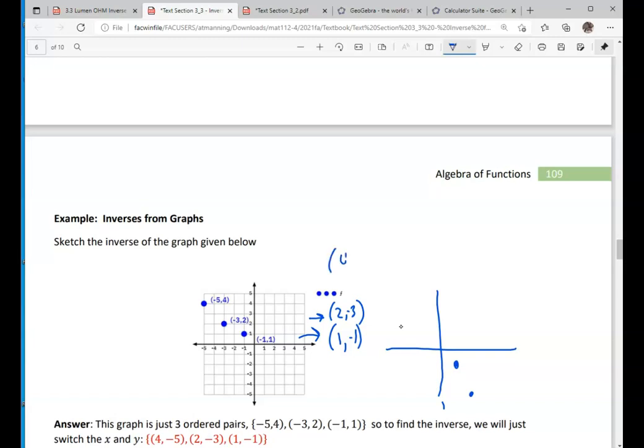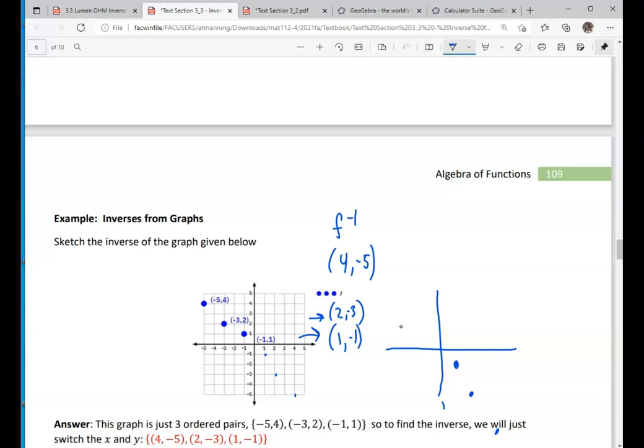Well, 4 takes us to -5 in the inverse. So I have x, that was a 1, 2, and a 4 is about here. It takes us way down to -5. I haven't done the greatest graphing, but do you see that on this graph, the 1 takes us to -1 here, 2 takes us to -3 here, and a 4 takes us to -5 here.